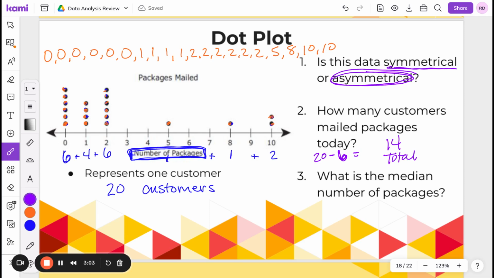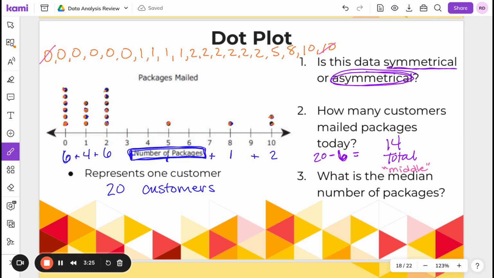And number 3 is asking for the median. Okay, so again, with the median, you're going to want to make sure you have that long list of numbers. And we're just going to find the median, which is that middle number. Okay, so we're looking for the value in the middle. To find the value in the middle, a reminder, your numbers have to be in order first.